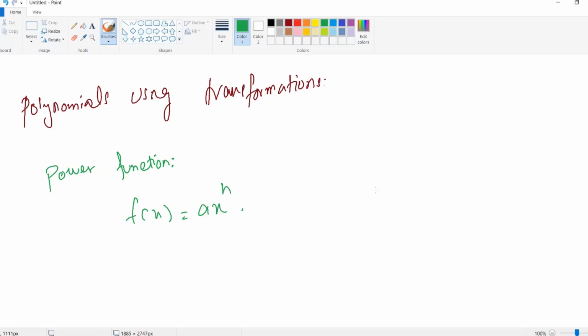So let me ask you something. Tell me what would be the difference between the graph of y equals x squared and the graph of y equals x cubed. What's the difference between these two graphs?